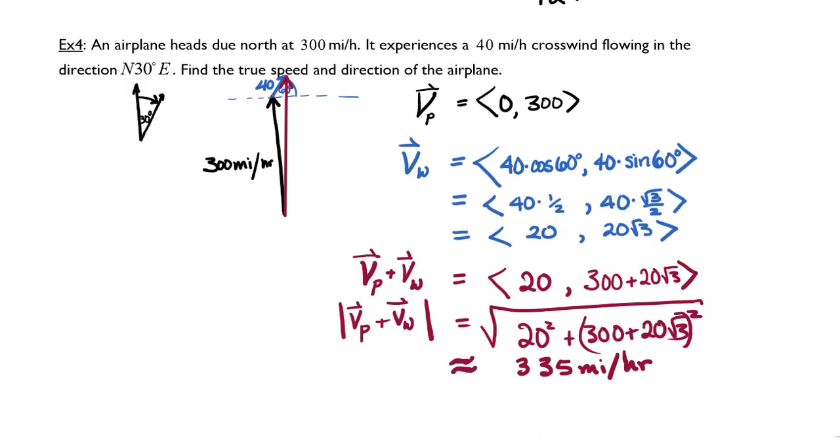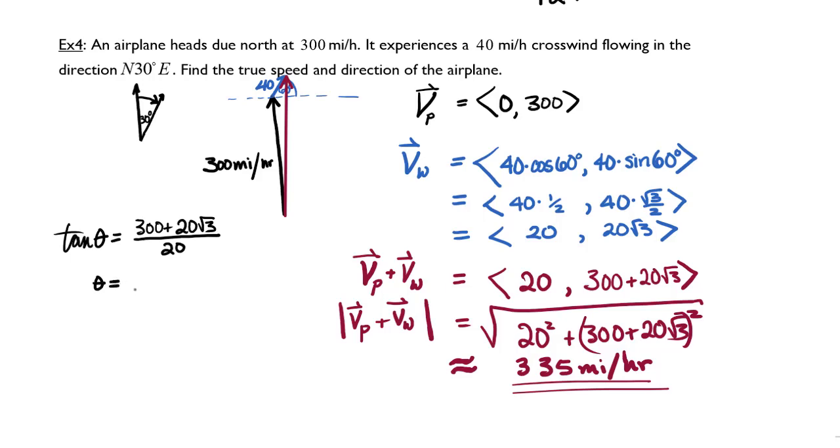Now the next thing we need to figure out, we've found the magnitude, but we also need the direction. We can find the direction by using the components and the tangent function. If we know that tangent of theta is equal to y over x, we can take 300 plus 20 root 3, all divided by 20.